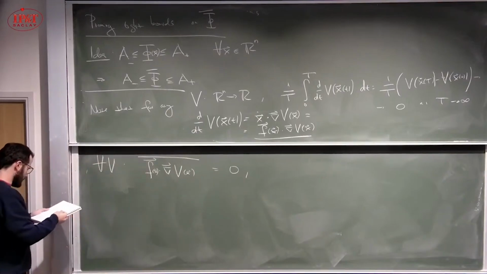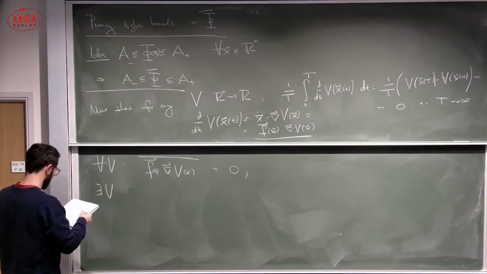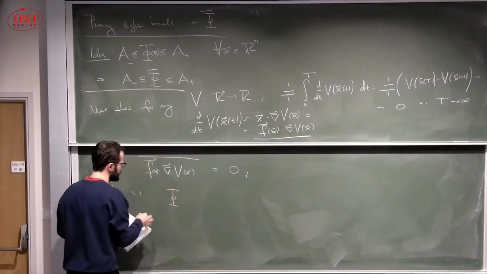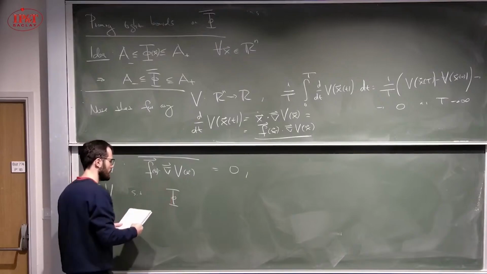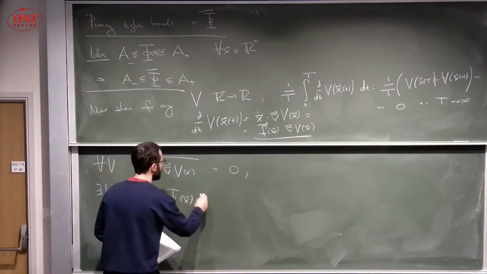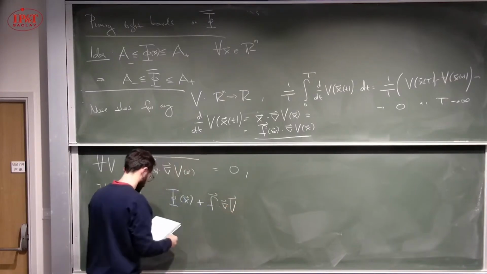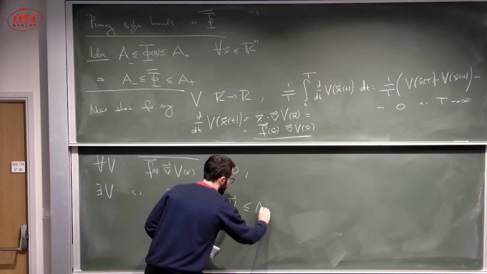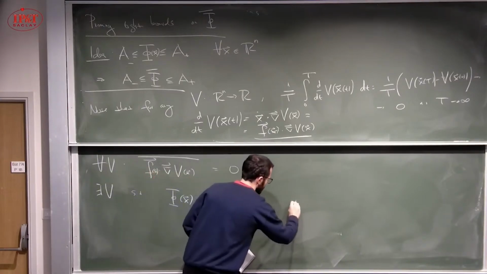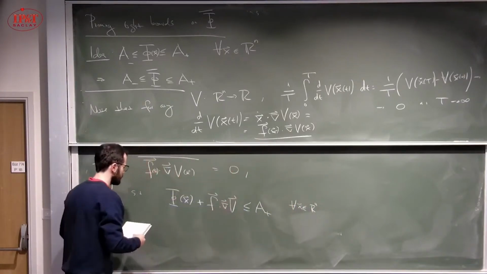Because now imagine that there exists some v such that, since we are interested in proving an upper bound on the long time average of phi, if we add to phi this object, which we know averages to 0, suppose we can find a v such that this is true everywhere in Rn. Well, then just by taking the long time average of this, we still get the upper bound.